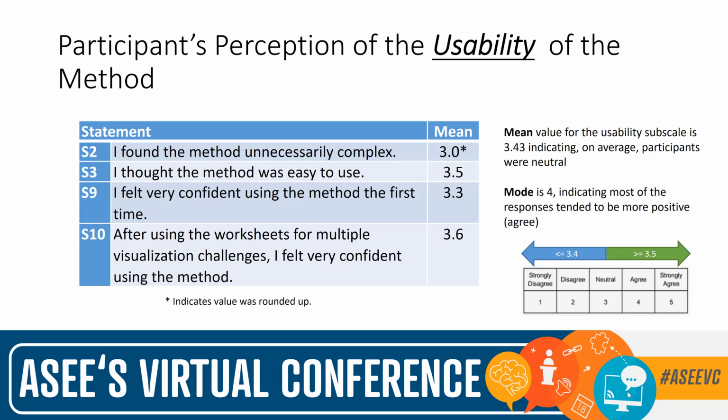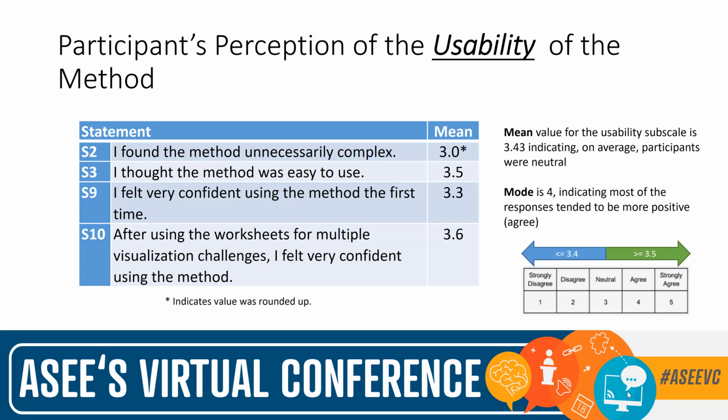Participants' perception of the usability of the method was captured in statements 2, 3, 9, and 10 on the post worksheet survey. Mean values for statements 2, 3, 9, and 10 ranged from 3.0 for statement 2 to 3.6 for statement 10, indicating, on average, students' responses were neutral, according to the Likert scale.